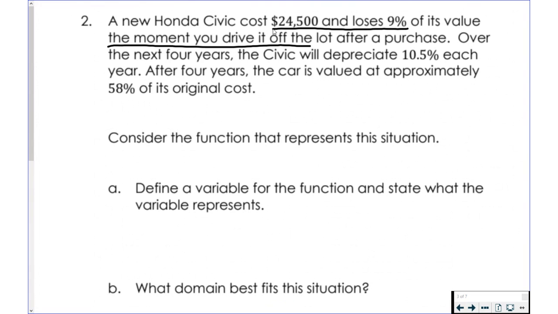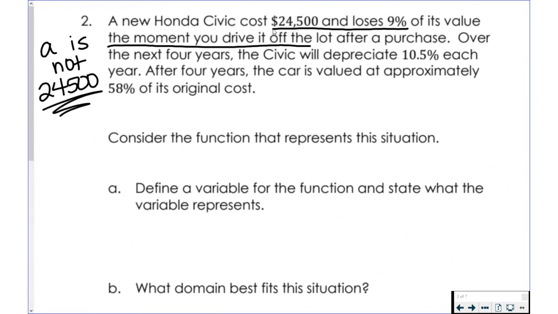So I need to make a note. Because of this, your A value is not 24,500. Once you actually own it, and once the car starts to depreciate, it is not worth 24,500.